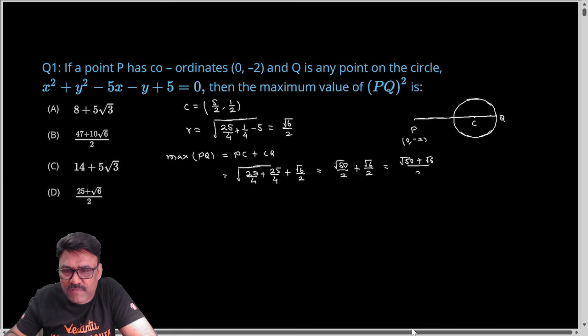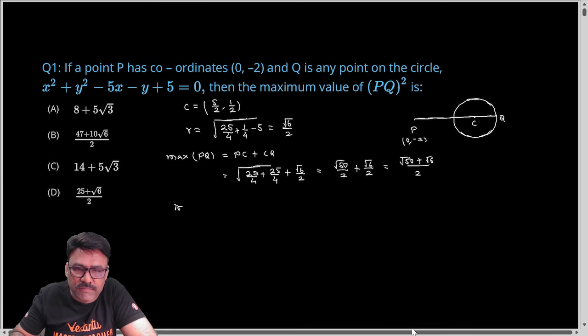But they are asking for the maximum of PQ square, so just square this thing. If you square, you will get 50 plus 6 plus 2 under root 150, divided by 4.